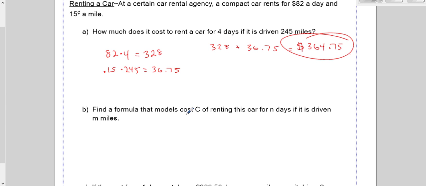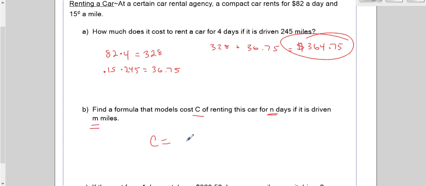Now part B says find a formula that models the cost C of renting this car for n days if it is driven m miles. So our cost is what we ended up with.